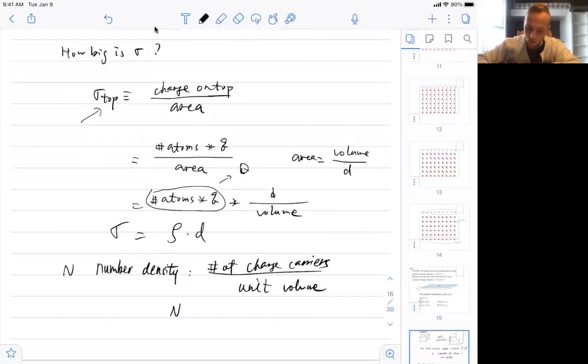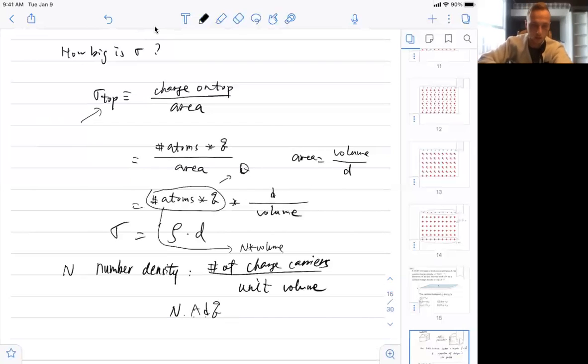This is n times the volume, which is the total number of atoms. So this total number of atoms is going to be n times volume. This volume here is A times D, right? So it becomes n A D times Q.